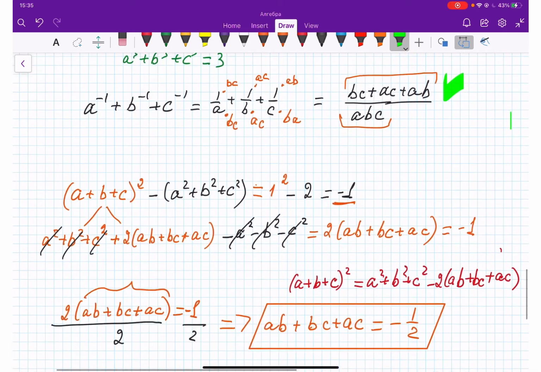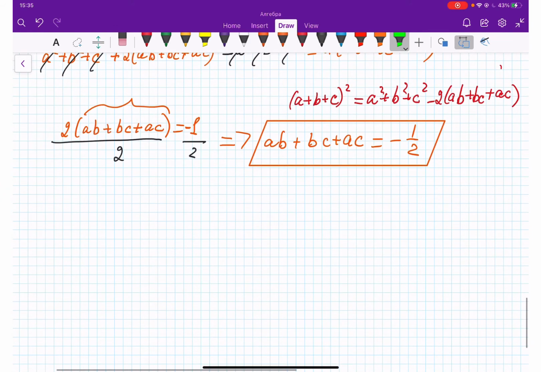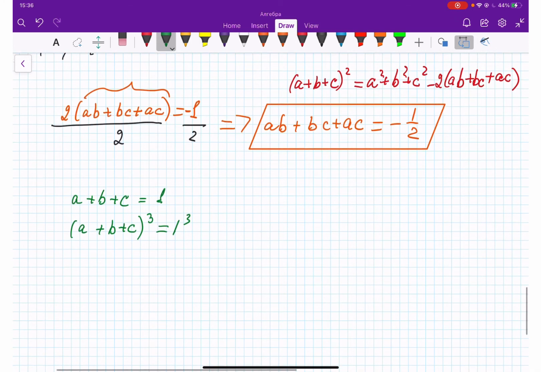So, since it's given, let me change the color here. I'll start using the green one. Since we know that A plus B plus C is equal to 1, hence I can put down that A plus B plus C cubed is equal to 1 cubed, which is the same 1.